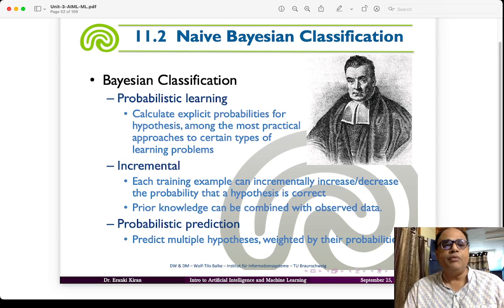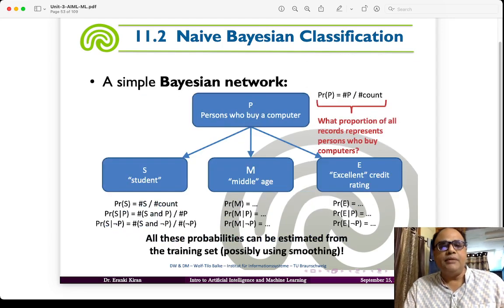types of learning problems. So incrementally, each training example can increase or decrease the probability that a hypothesis is correct. One of the major drawbacks with naive-Bayes classifier is that it considers every attribute or every class or feature to be independent of each other, which is not really true, because if you look at the person who buys a computer, it cannot be determined by just age or credit rating or whether the person is a student or not.